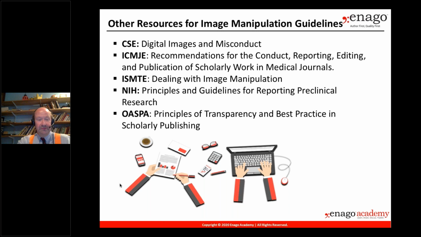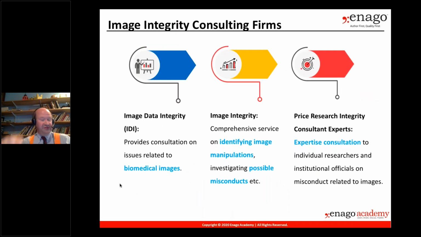Other resources out there, a variety of ones. This is slide number 29, if you want to go back after and are listening to the recording later, and you can go ahead and look these up online. Best practices in handling images. There are consulting firms, just like Enago is out there, that can help you with your English and help you with all aspects of your paper and do a great job for you.